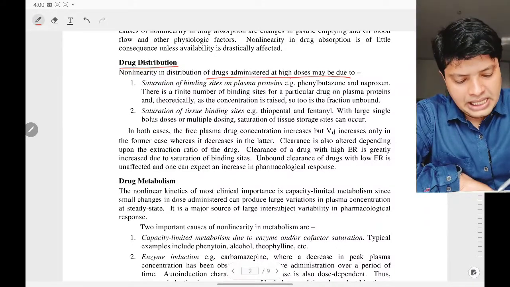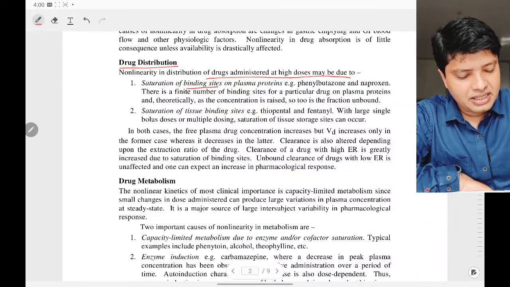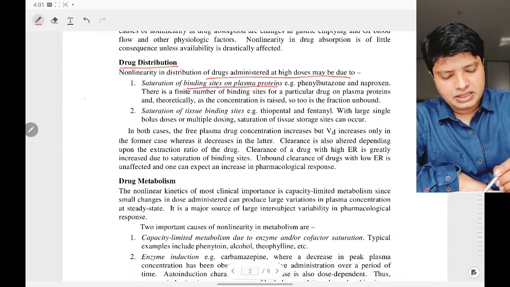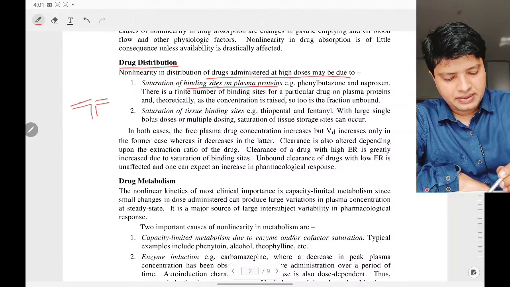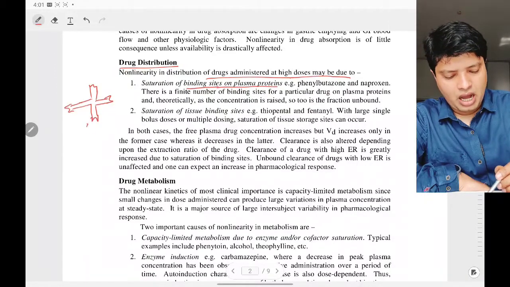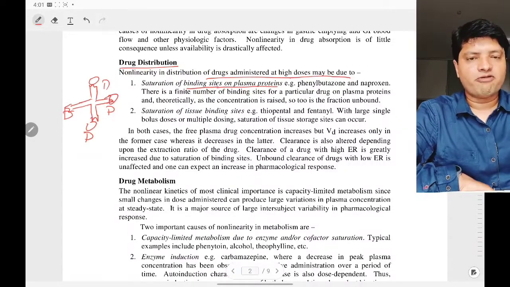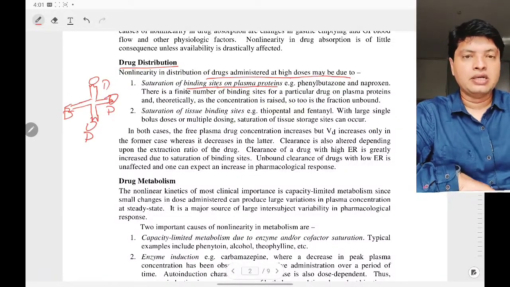It will be due to saturation of binding sites on plasma protein. So we have a plasma protein. Let's say this is a protein, and it has some binding sites like this. We have 4 binding sites. All the sites are being occupied by drug. Drug occupies all the sites here also. So the sites of protein binding are being saturated.